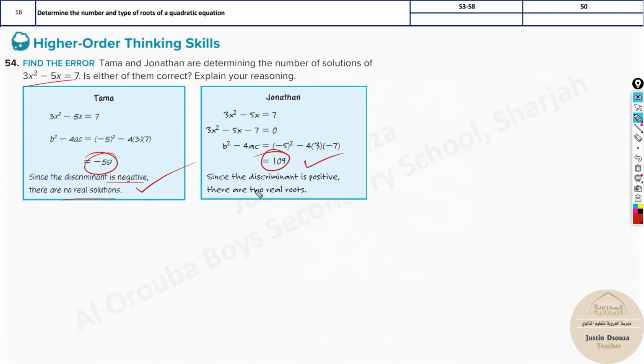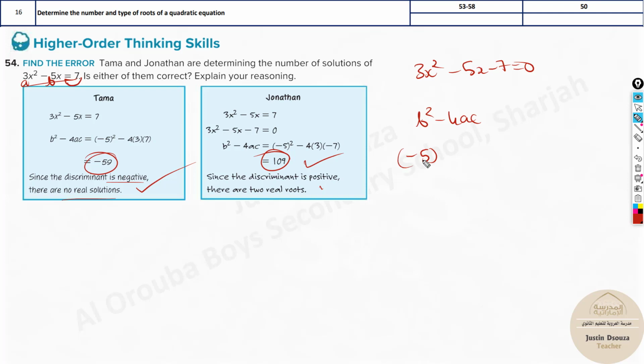Now, since the discriminant is positive, there are two real roots. Yes, this is also correct. But who has made an error? Let us solve it. The A value is 3, B value is -5, and C value is -7. So the equation is 3x square minus 5x minus 7 equals 0. B square minus 4ac is the discriminant.